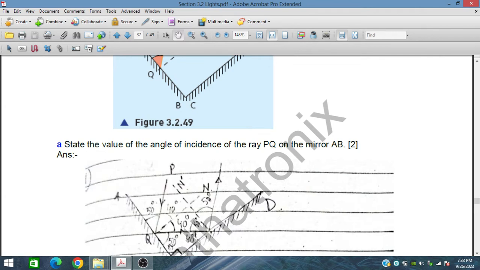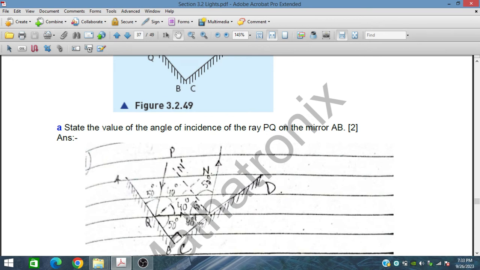The remaining angle will be 50 degrees, since this is a right angle. When this is 40 degrees, this becomes 50 degrees, so it will reflect with the same 50-degree angle.